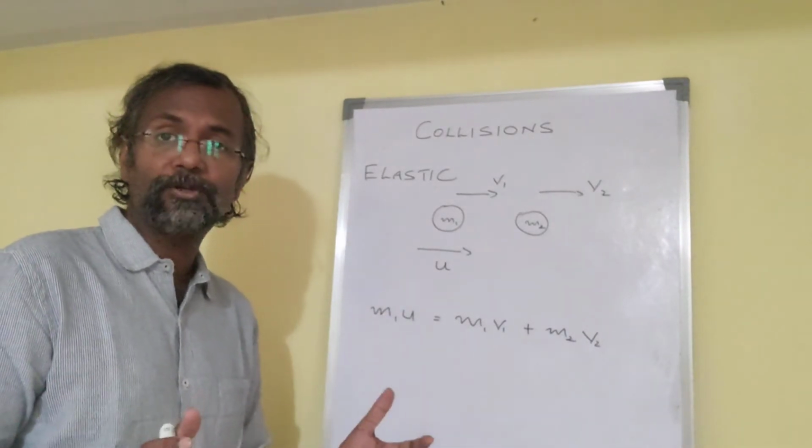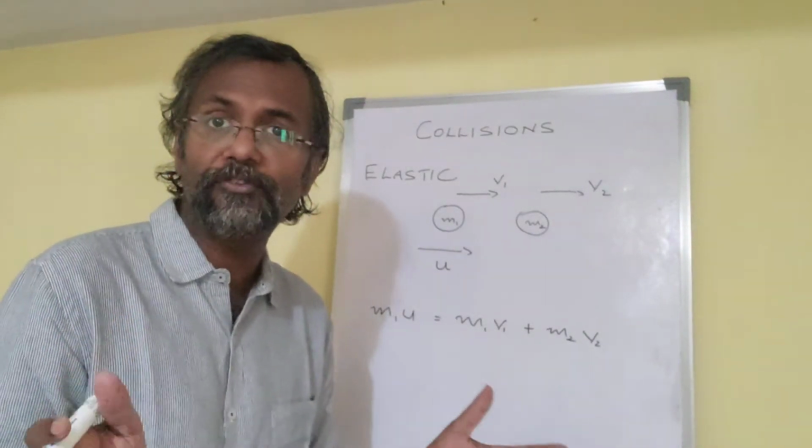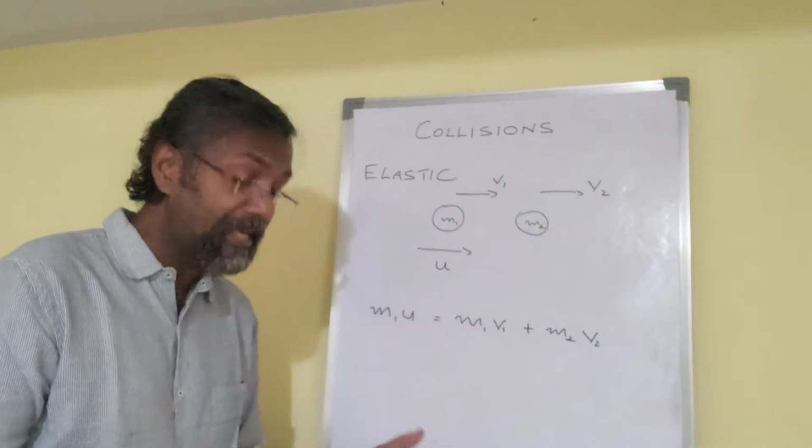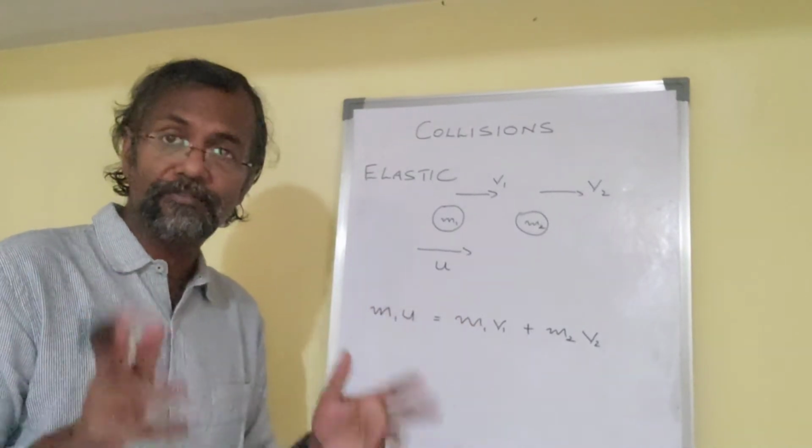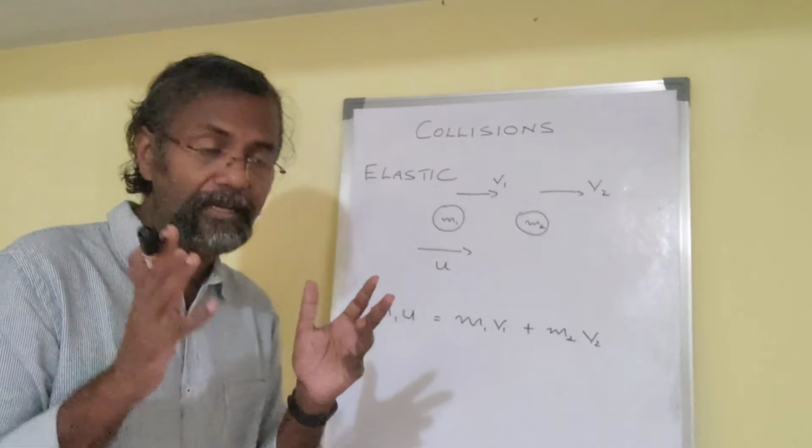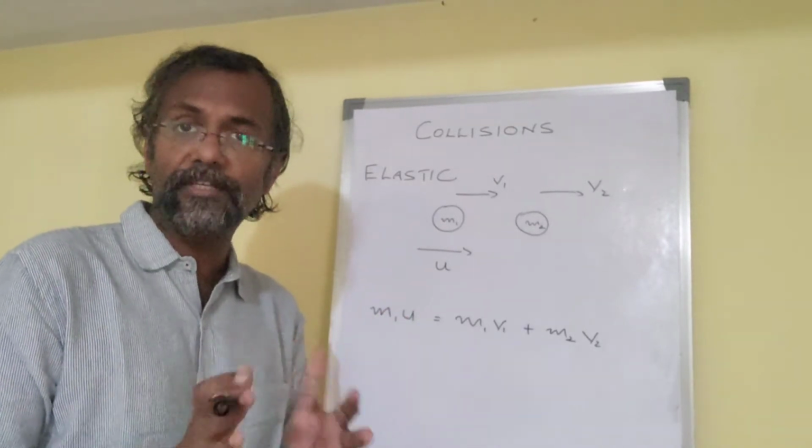This is where in elastic collision we apply the second law of conservation, which is conservation of energy, and specifically the conservation of kinetic energy. We know that in elastic collision, the kinetic energy is conserved.